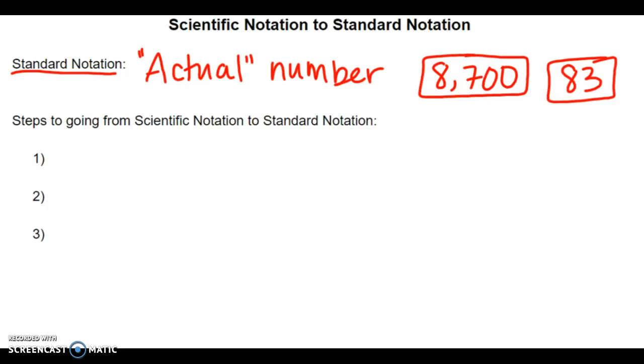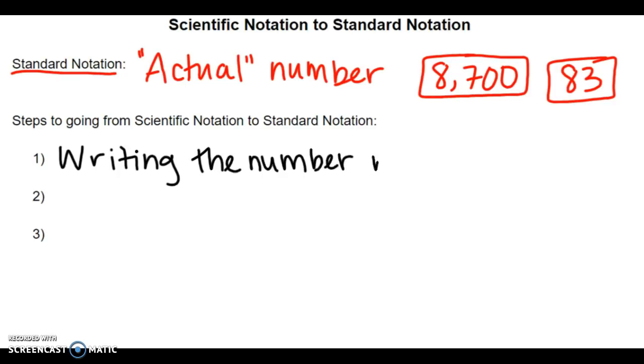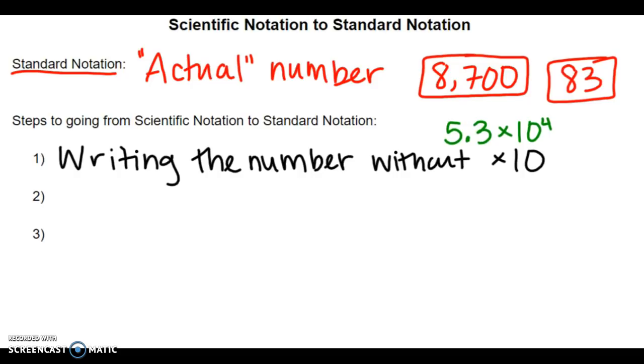But my first step is writing down the number without the times 10. For example, we can use 5.3 times 10 to the 4th power. I'll use that as my example.